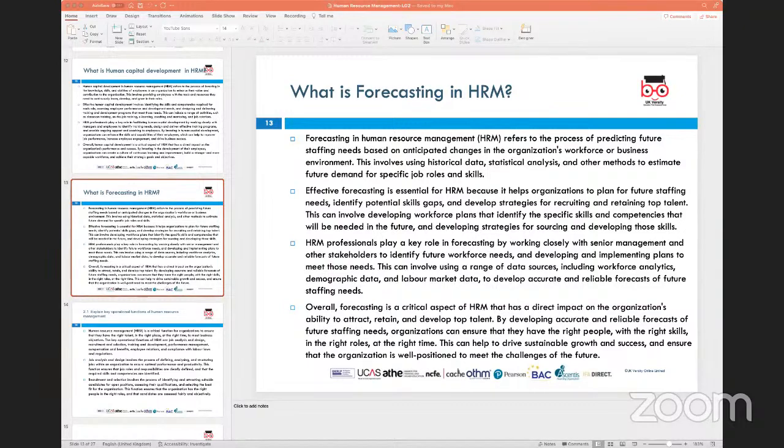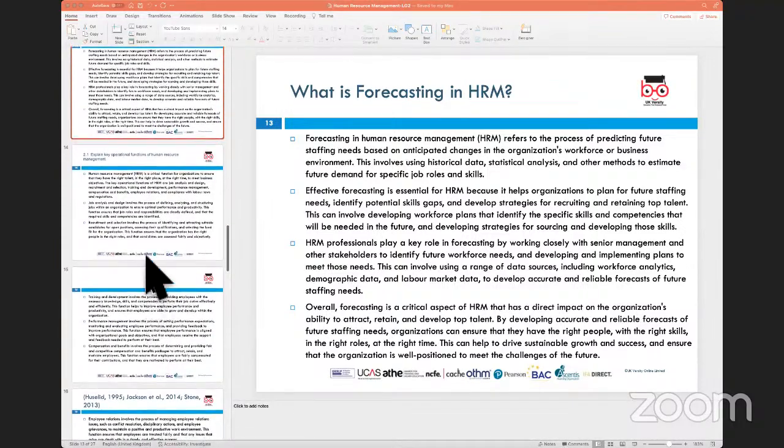Those kind of things that you look at in terms of developing and implementing plans for future requirements of how the company would need people, and people to be working in those roles within the organization, would be the process of forecasting. Is that okay?